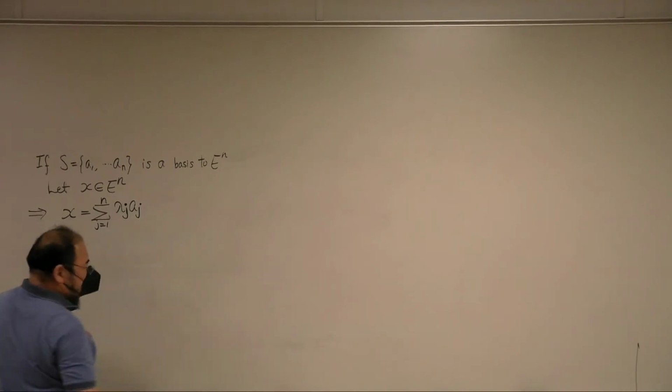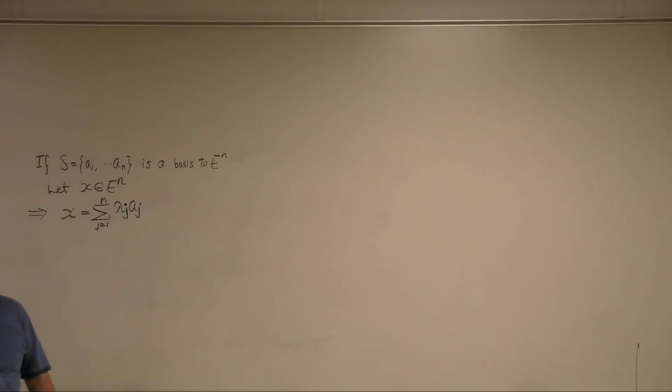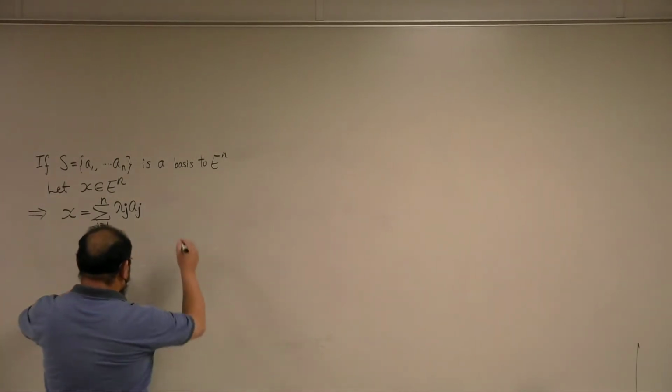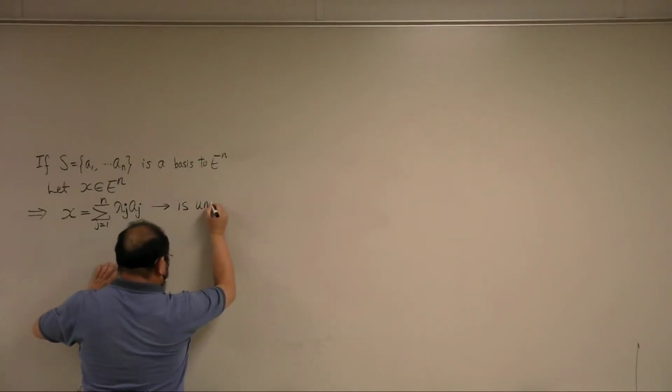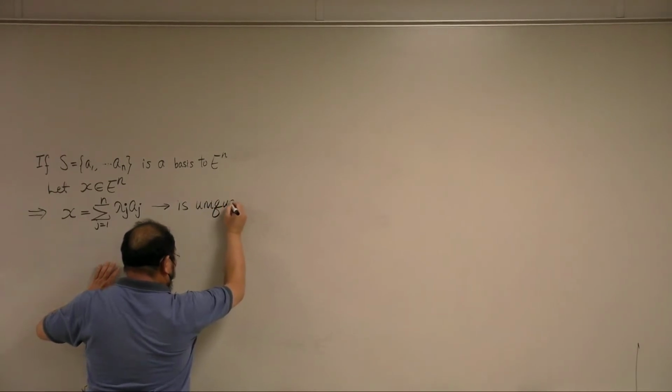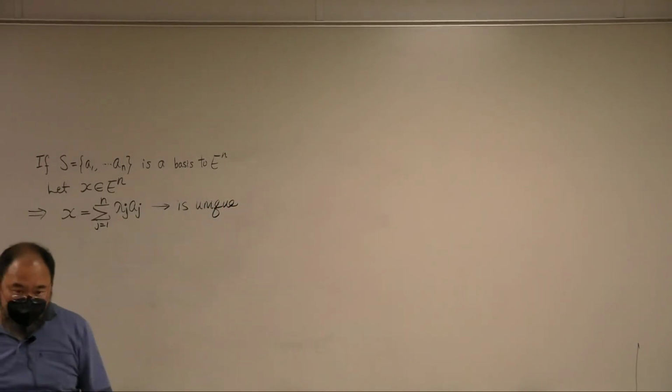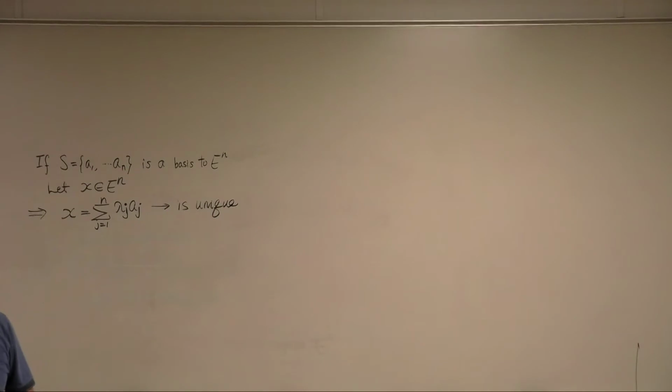And the lambda J times AJ, correct, can represent as that. And this expression is unique, which means you cannot find a second way to represent x. Everybody okay with me?